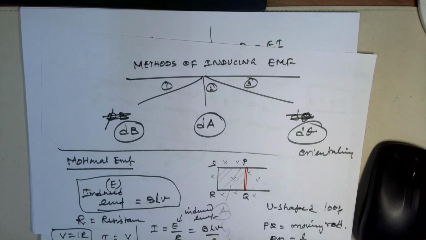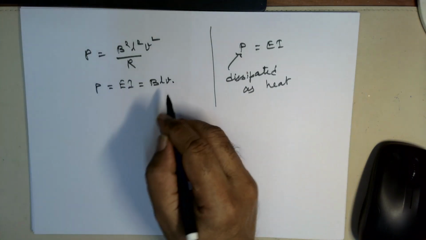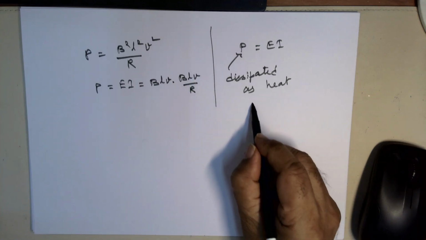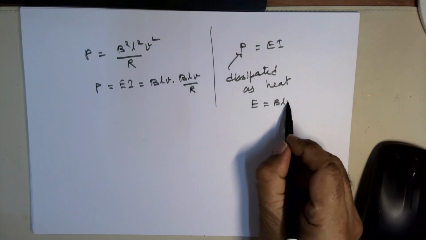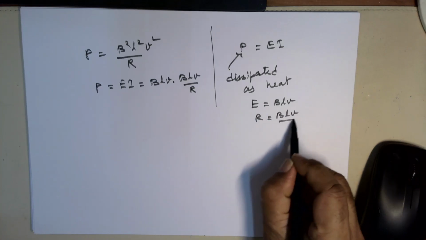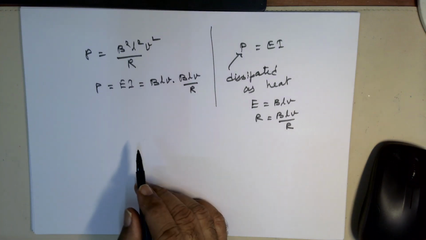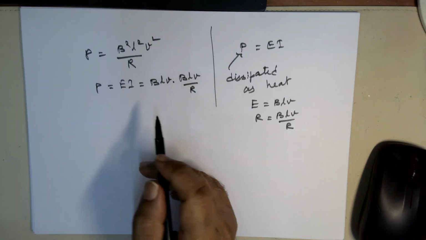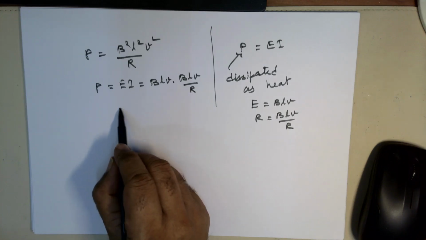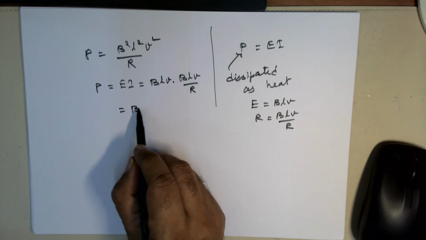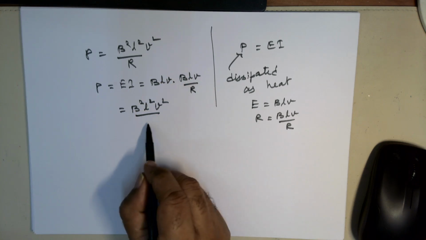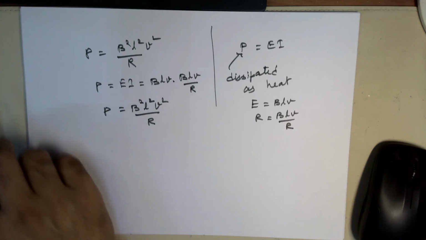Here we have BLV by R. So what we have taken, E is equal to BLV and I is equal to BLV by R, right? Okay. So it means that is equal to B squared L squared V squared divided by R. That is also P.